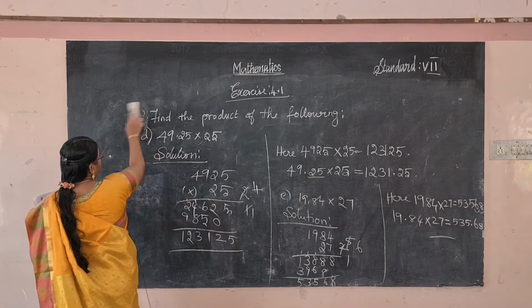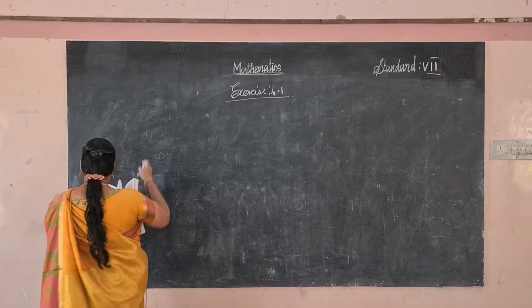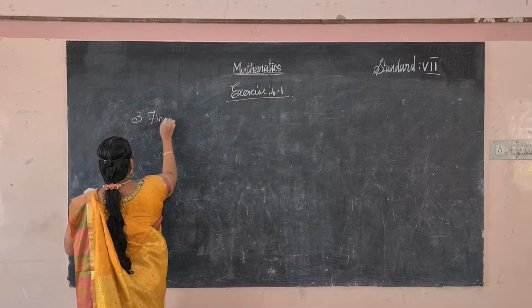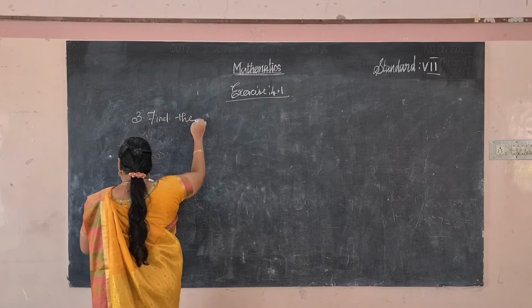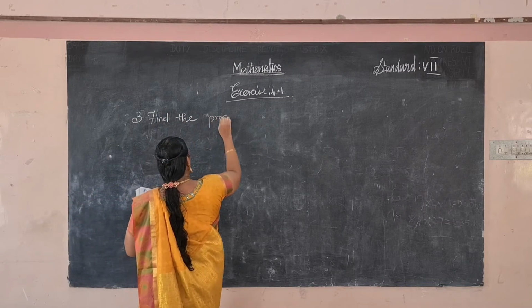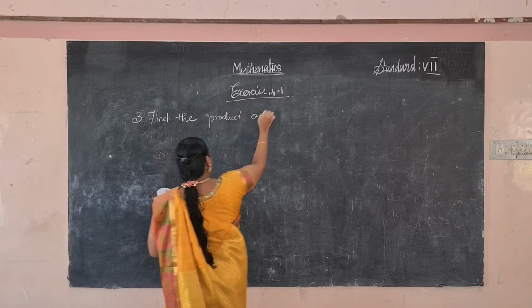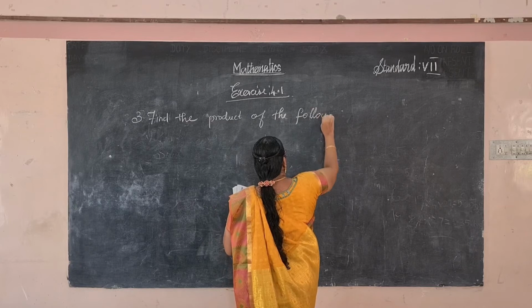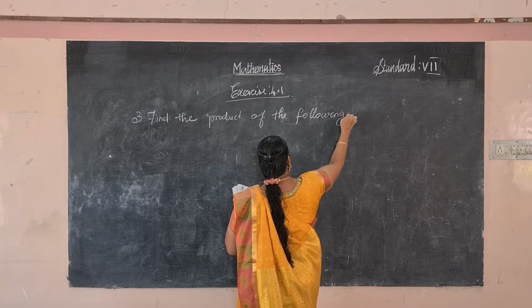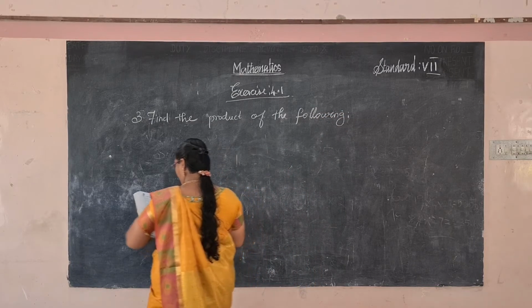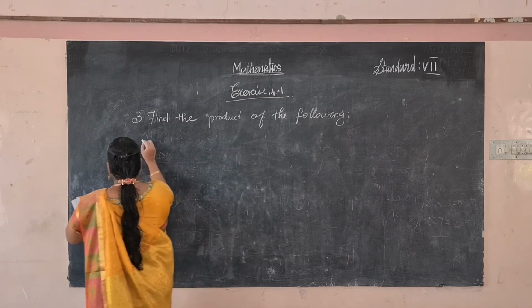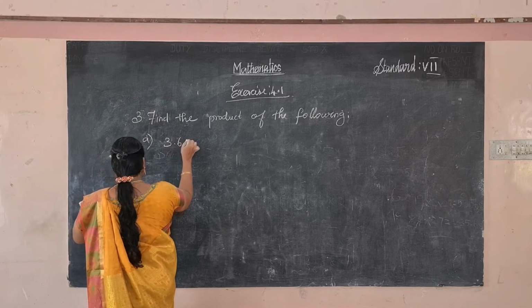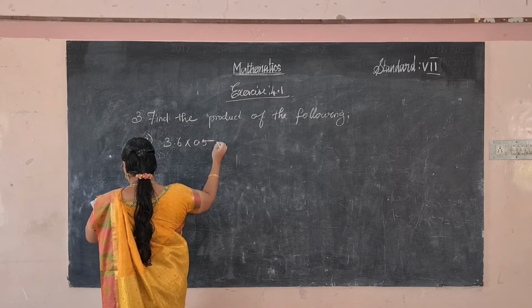Third problem. Now see the third one. Find the product of the following. First one, A problem: 3.6 into 0.5.